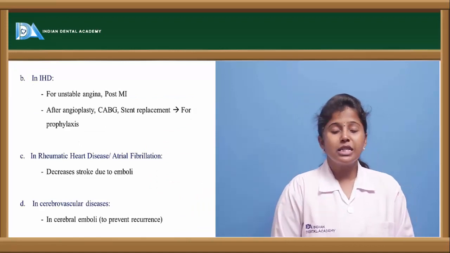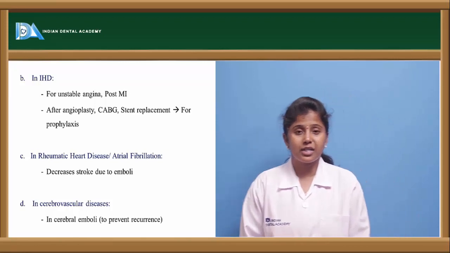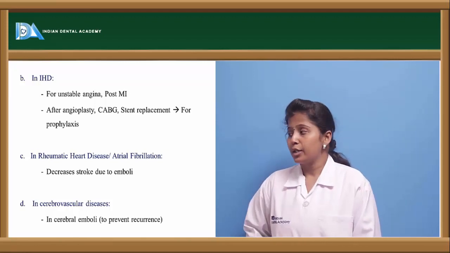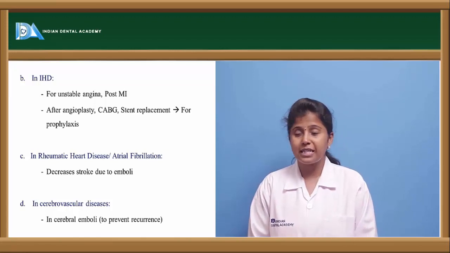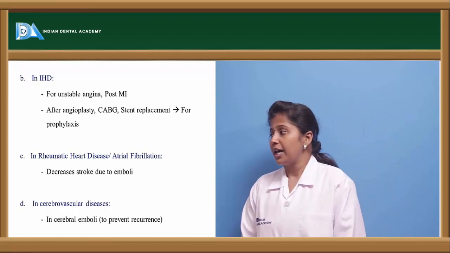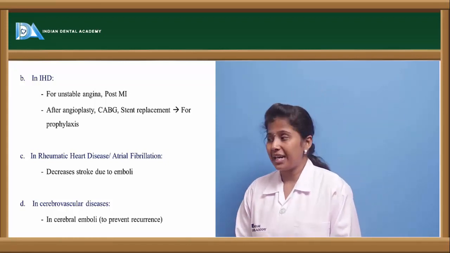And it is used in heart diseases for unstable angina and myocardial infarction, and it is also used after angioplasty, coronary artery bypass graft and stent replacement. In all these, it is used as a prophylactic agent.